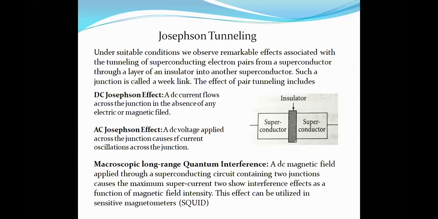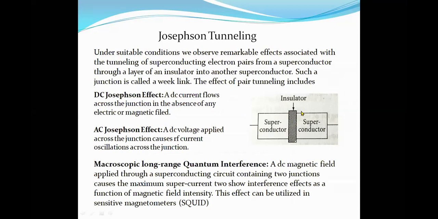So now let me go further. This is a phenomenon associated with superconductors. There is something called Josephson tunneling. So what is Josephson tunneling? You have an insulator. You see where my cursor is. This is an insulator, and there are two superconductors on both sides.